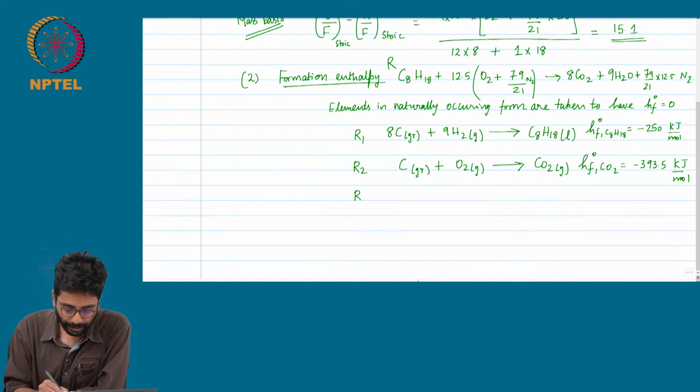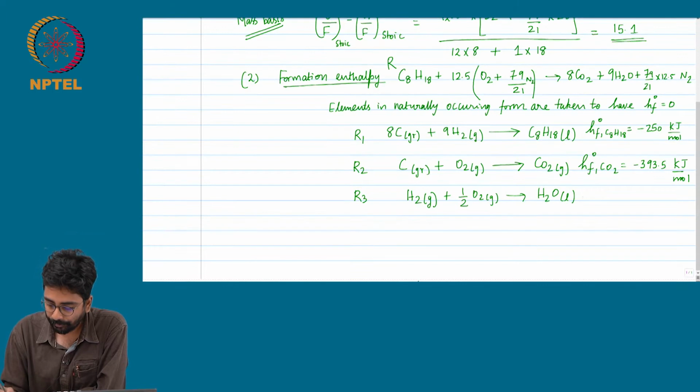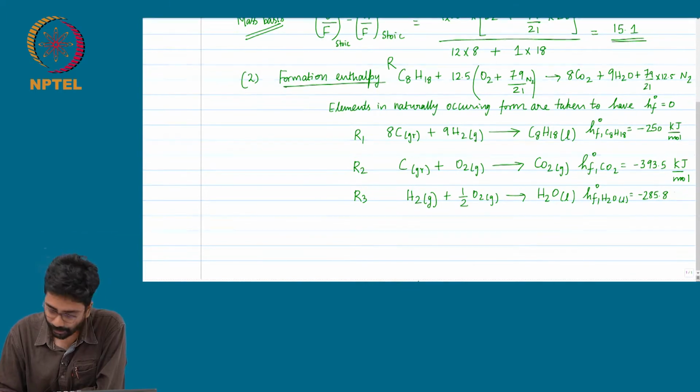And the other one that we will need for this discussion is the formation reaction for water. Gaseous hydrogen combines with gaseous oxygen to form liquid water, and this has an enthalpy of negative 285.8 kilojoules per mole.